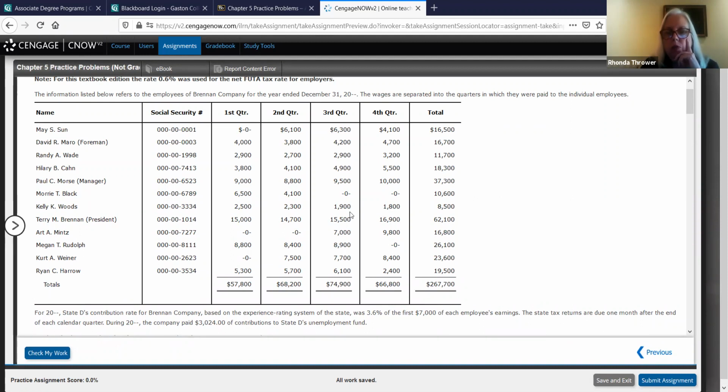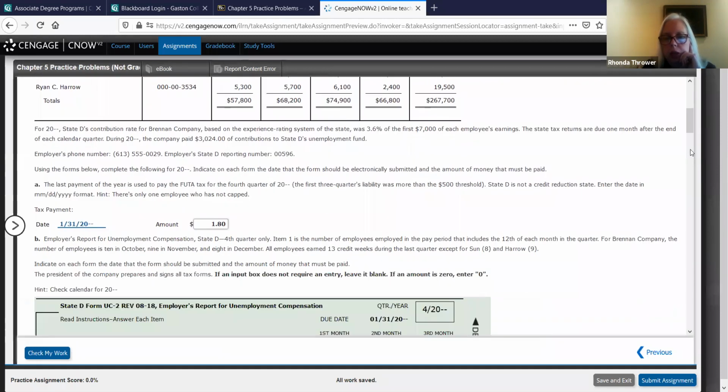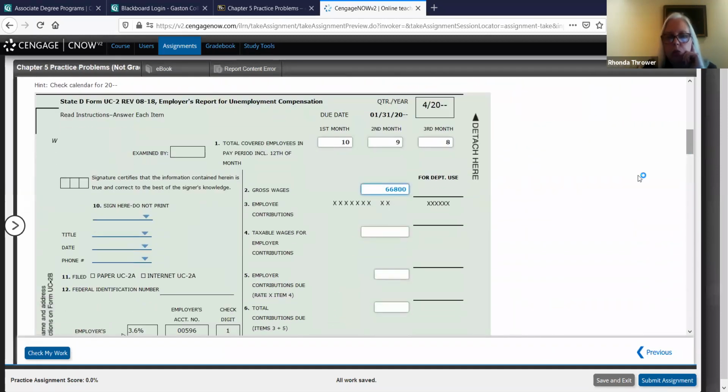Remember, she was up to 6,700 after 3 quarters. And in the 4th quarter, they paid her $1,800, but only 300 was subject to that, because 7,000 was the ceiling for the FUTA.